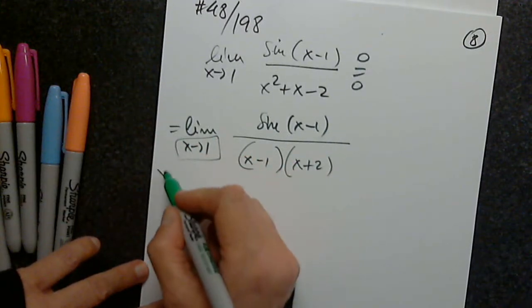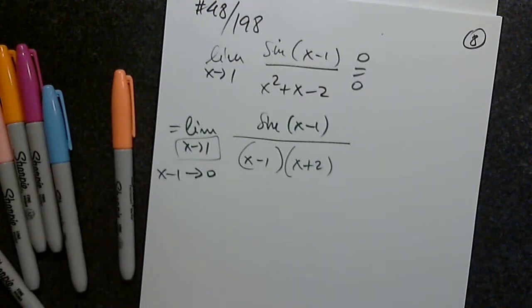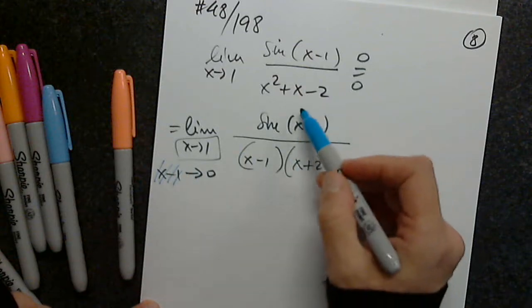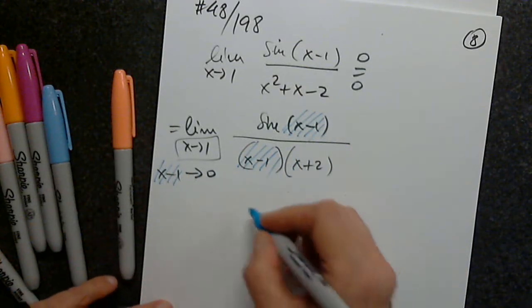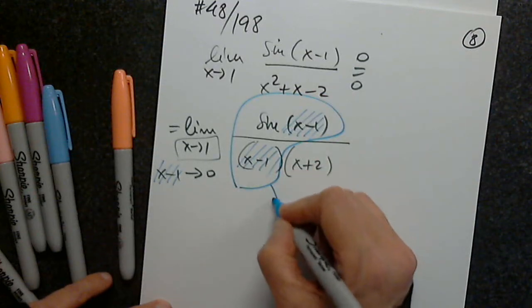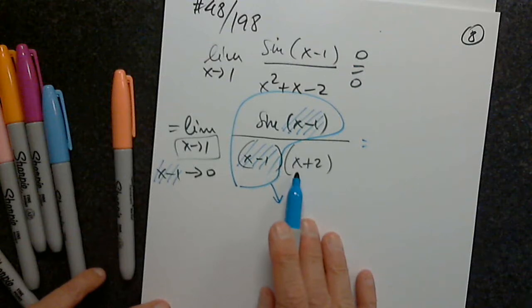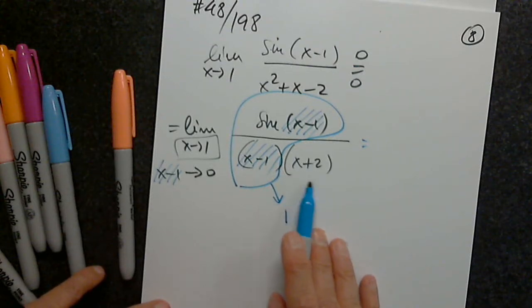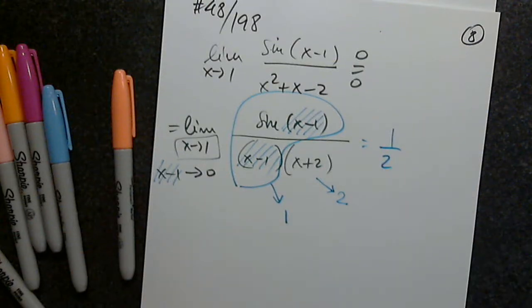And of course, this is the same with x minus 1 approaches 0. Knowing that I have the conditions fulfilled, x minus 1 approaches 0, there is an x minus 1 here, there is an x minus 1 here. I'm going to ask you, where does this go? And you will say 1. And then when x approaches 0, where does this go? 2. So the answer is 1/2.